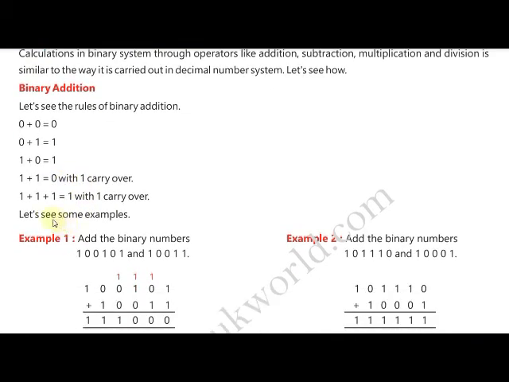Then next, if there is an addition of 3 positive values, then the result is 1 with 1 carry over. That means we have to add this true value in the next digit. Okay, understand? And here we have to calculate the addition of binary numbers from right side to left side.